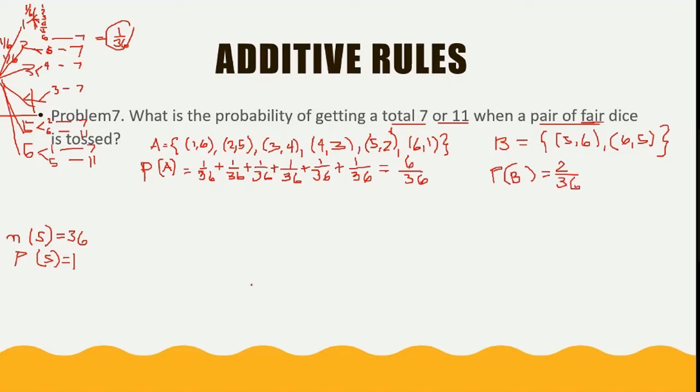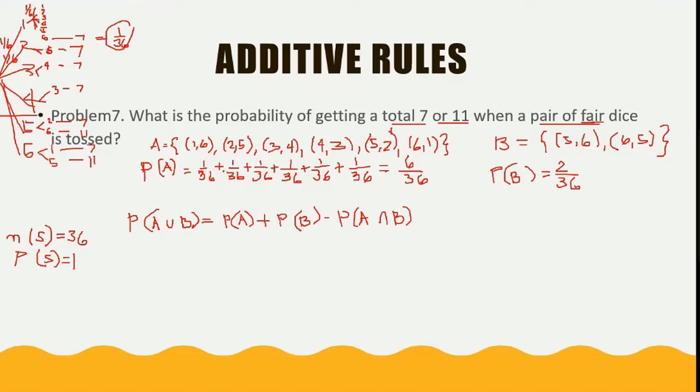Going back to our definition, the probability of the union of two events is equal to the probability of A plus the probability of B minus the probability of the intersection of the two events. Now the question here is, do A and B have common values?